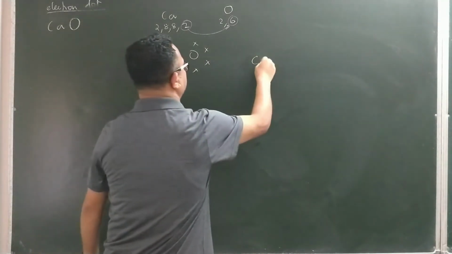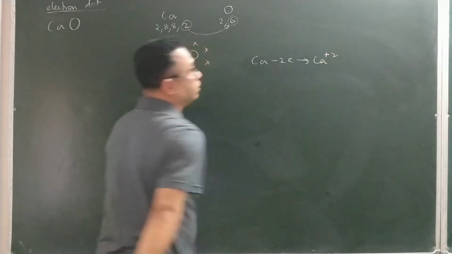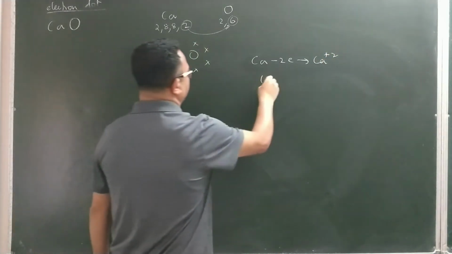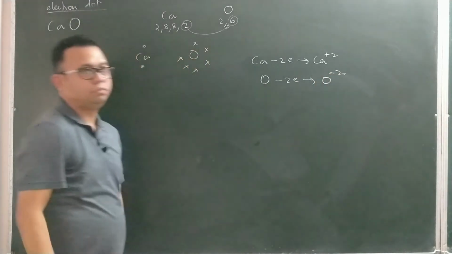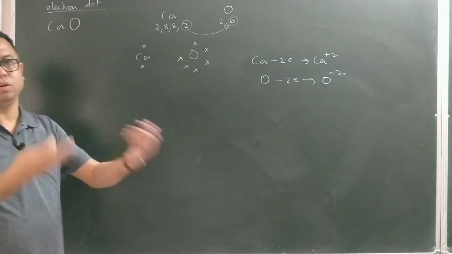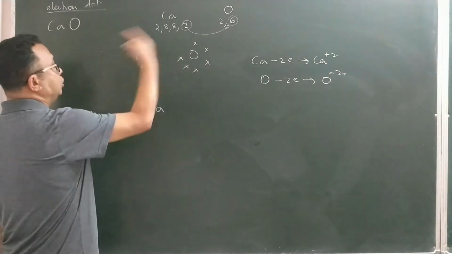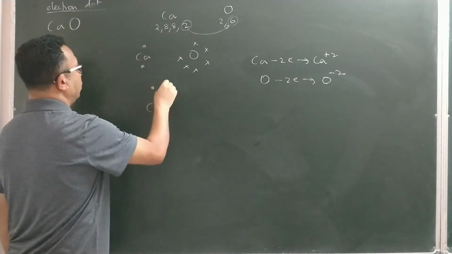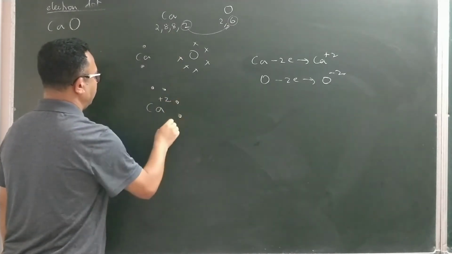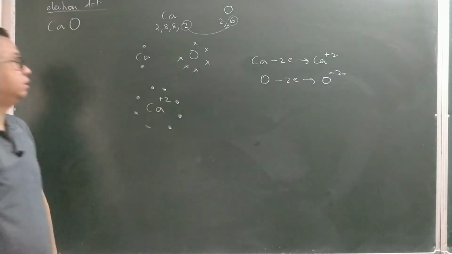Then what will calcium do? Calcium will lose 2 electrons to form the calcium cation, Ca plus 2. Oxygen will gain 2 electrons to form O minus 2. So, 2 lost, 2 gained. Calcium, having lost 2 electrons, now has an outermost shell of 8, 1, 2, 3, 4, 5, 6, 7, 8, a stable octet configuration.